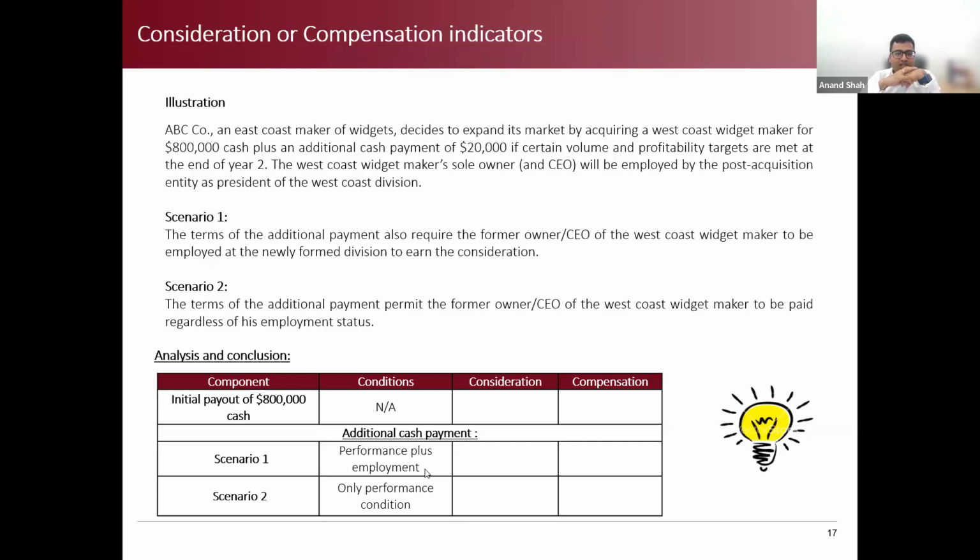In scenario one, the additional payment requires a particular revenue threshold to be breached, and also requires him to be a part of the company. Would that classify as consideration or compensation? And in the second scenario, when it's only to do with the performance, what would that be, consideration or compensation?